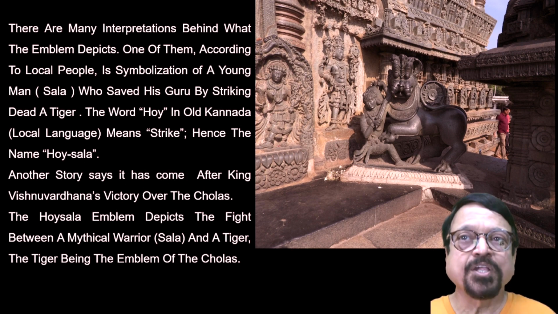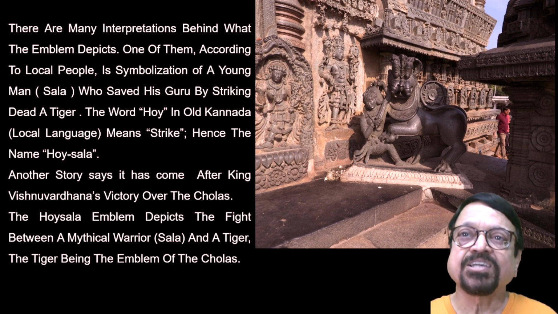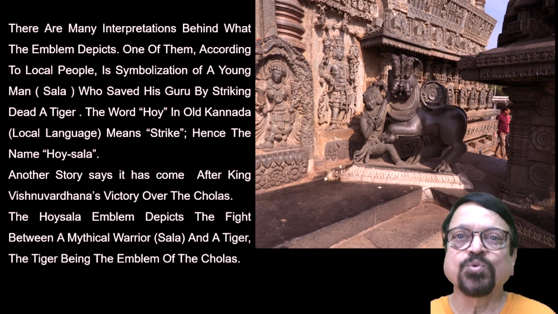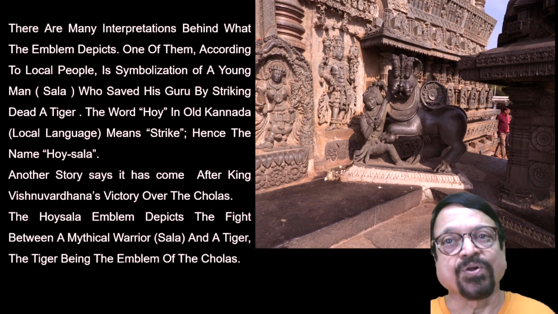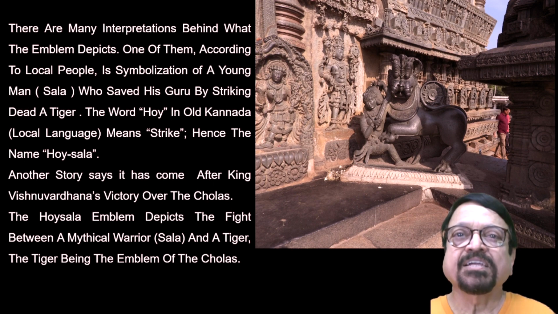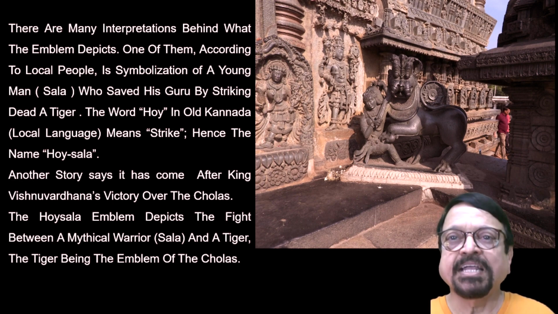One of them, according to the local people, is a symbolization of the young man Sala who saved his guru by striking and killing a tiger with a stick. The word Hoy in Kannada, the local language, means strike, hence the name Hoysala.